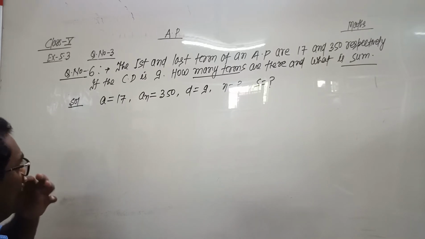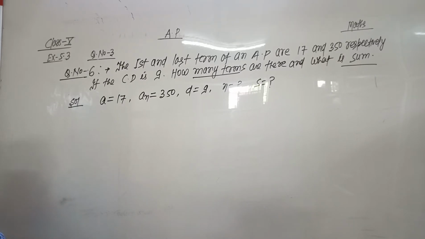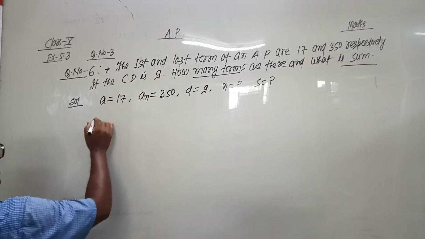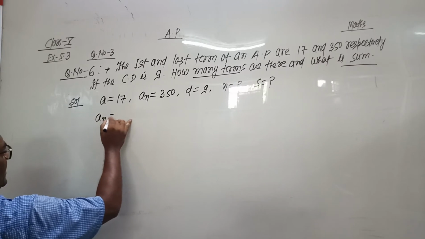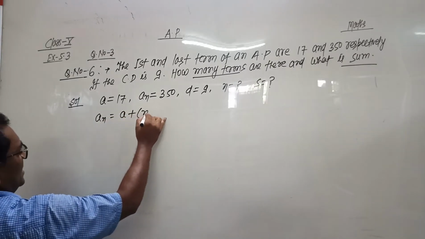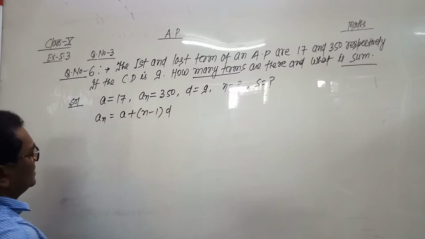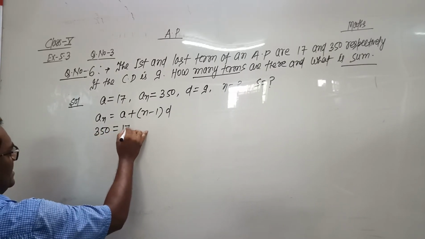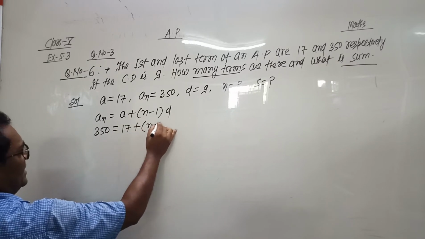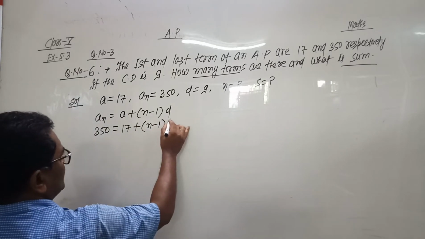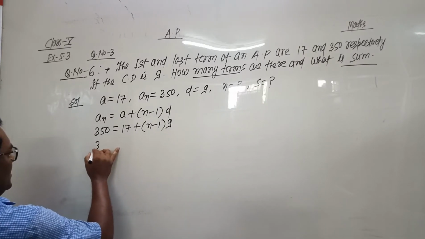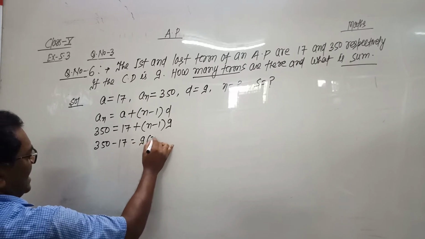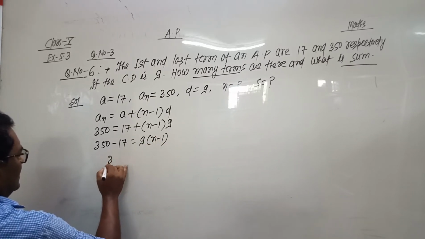So for finding n, an is given as 350. The formula for an is a plus (n minus 1) into d. The value of an is 350, a is 17, we have to find n, and the common difference is 9. So 350 minus 17 equals 9 times (n minus 1).